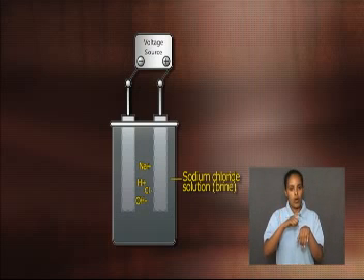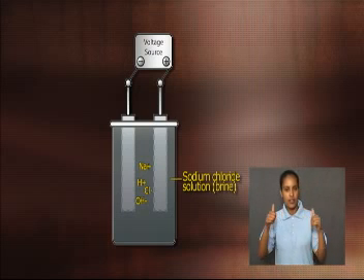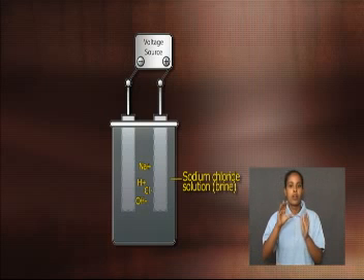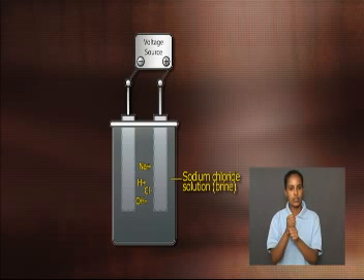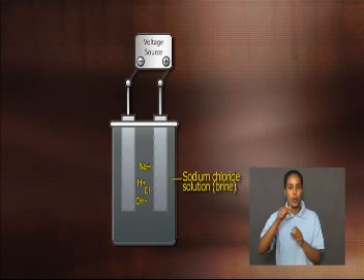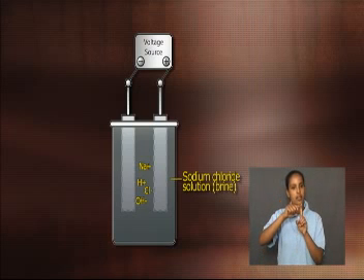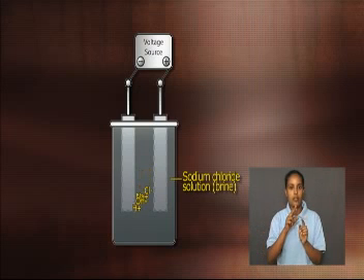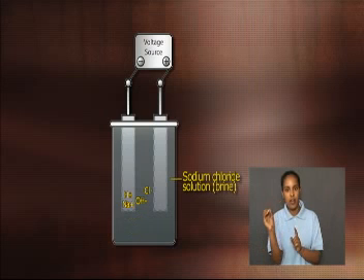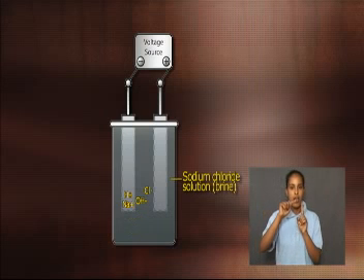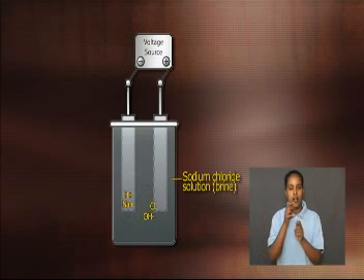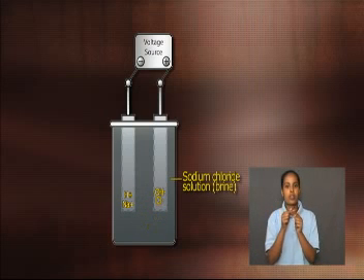Once the potential difference between the electrodes is established, the sodium plus ions and hydrogen plus ions are attracted to the cathode, and chloride ions and hydroxide ions are attracted to the anode.